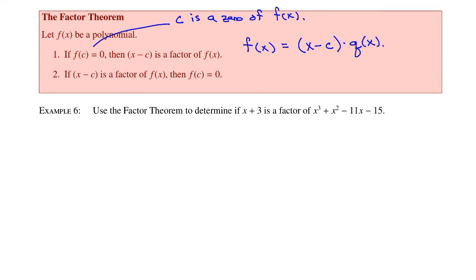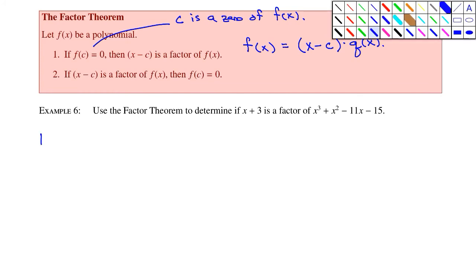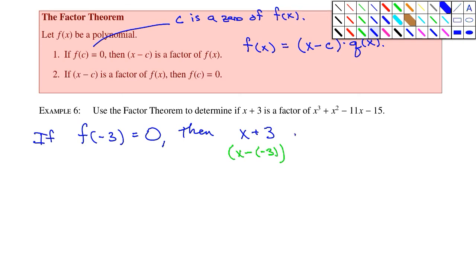Example 6. Use the factor theorem to determine if x plus 3 is a factor of x cubed plus x squared minus 11x minus 15. So the rationale here would be the following. If f of negative 3 is equal to 0, then x plus 3, which is really just code for x minus negative 3, is a factor of this polynomial f of x.